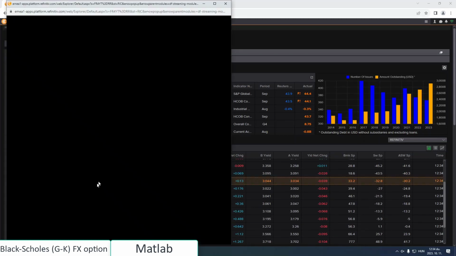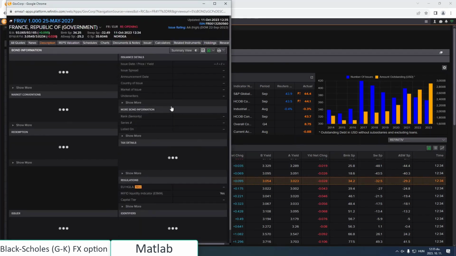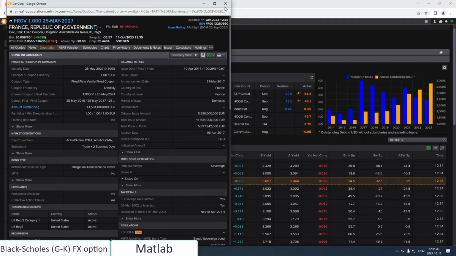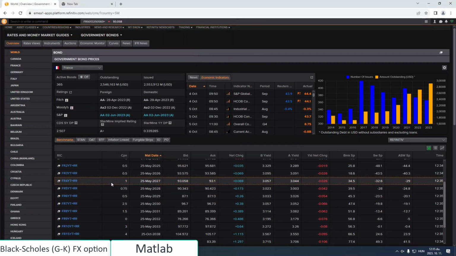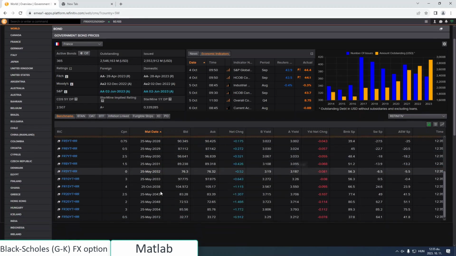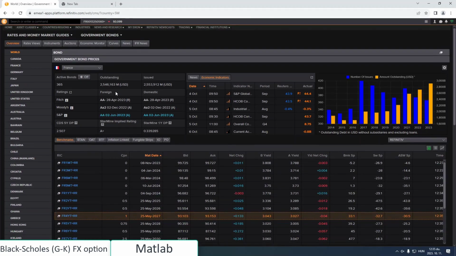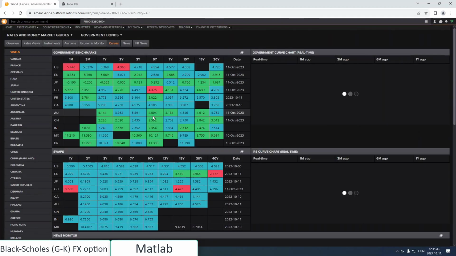Yes, there is the force here. Why is it not so easy to have curves?